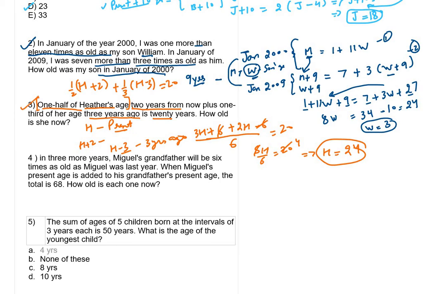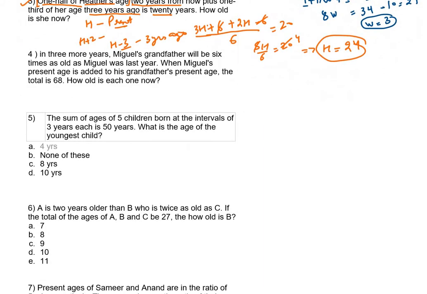Let's look at the fourth problem now. The fourth problem is given that in 3 more years, Miguel's grandfather will be 6 times as old as Miguel. Let's say Miguel's present age is m and his grandfather's age is g.